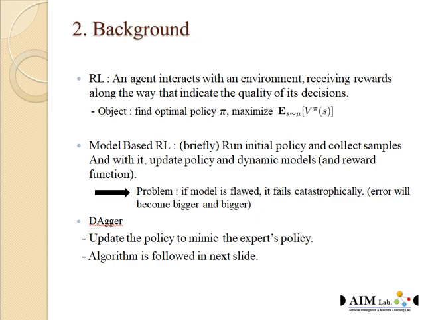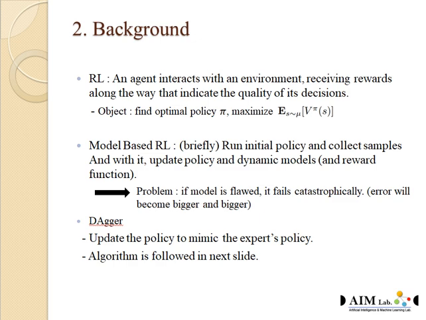Model-based RL briefly is: learn an initial policy, collect samples, and with them update the policy and dynamics model, and also we can learn the reward function. The problem is the following: if the model is flawed, it can fail.